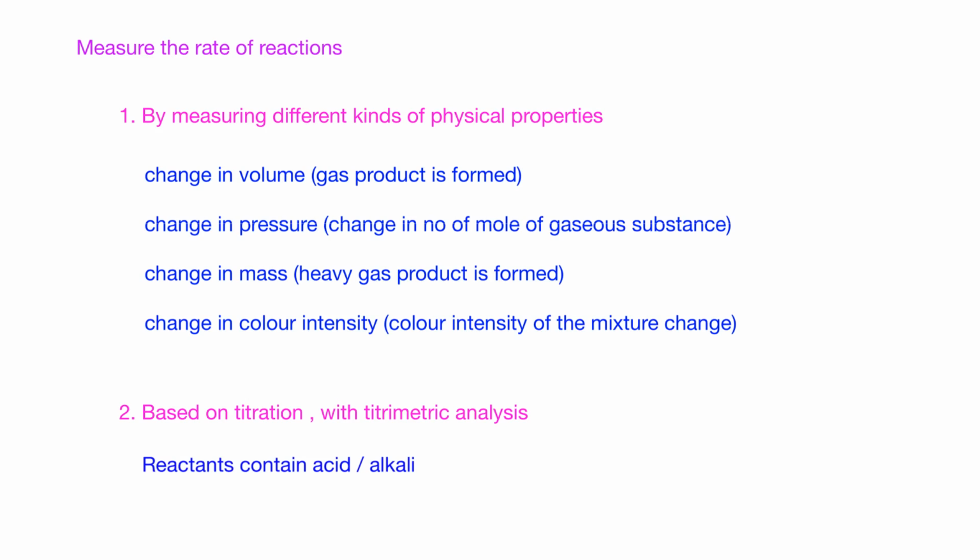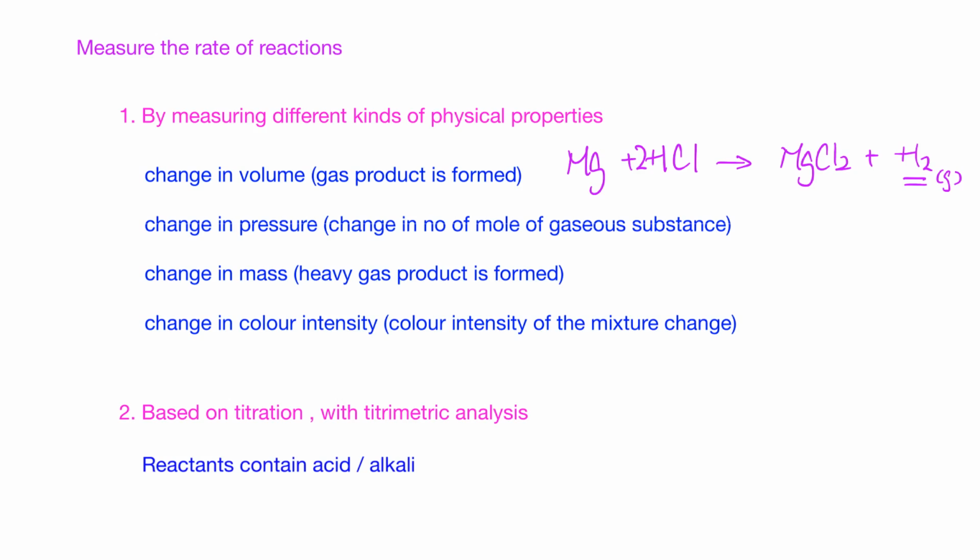For example, if we have Mg added into HCl, in the process you'll find that we'll have salt and also hydrogen. So some gas is produced. If we can manage to measure the change in volume, because more and more gas is produced, we can tell how fast the rate is.